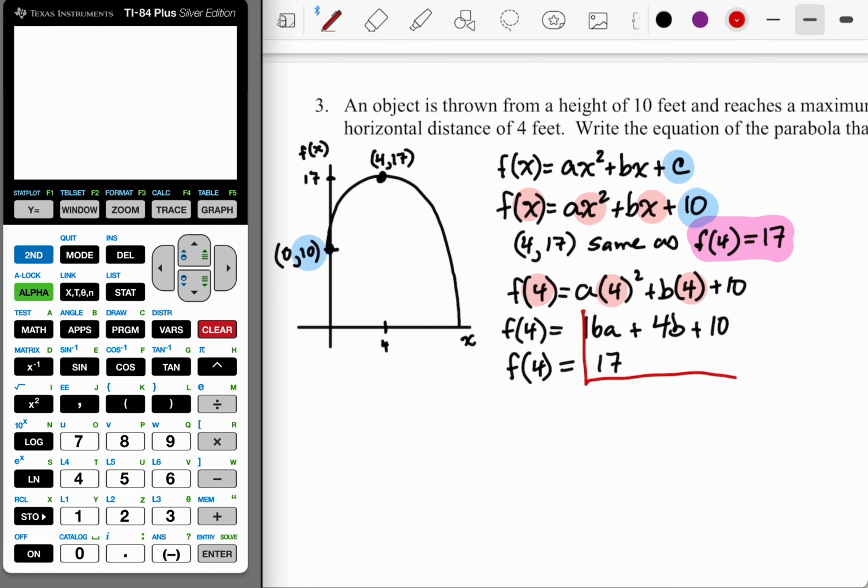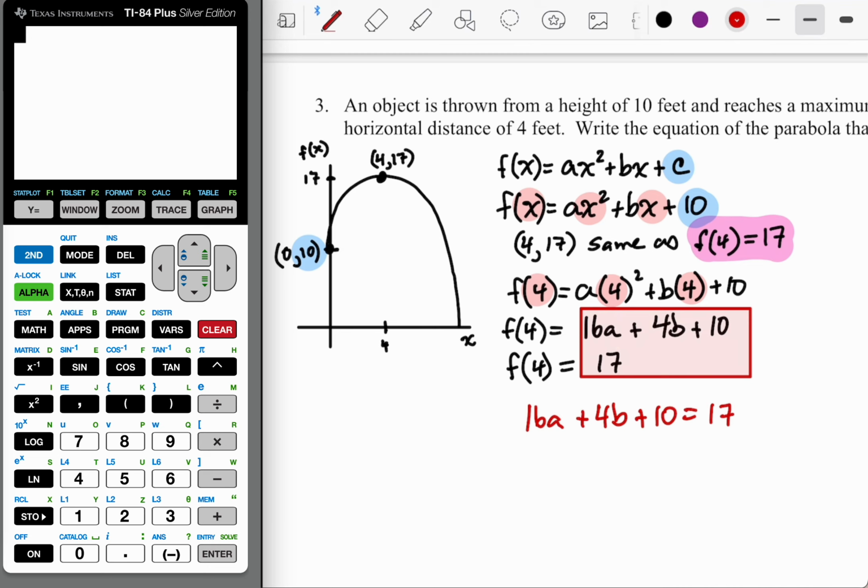These two expressions are equal to one another. So I can now say 16a plus 4b plus 10 is equal to 17. Can't do much with that because I have a single equation with 2 variables.